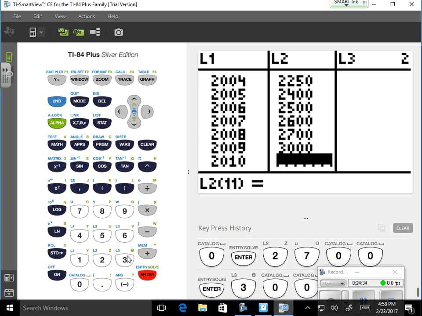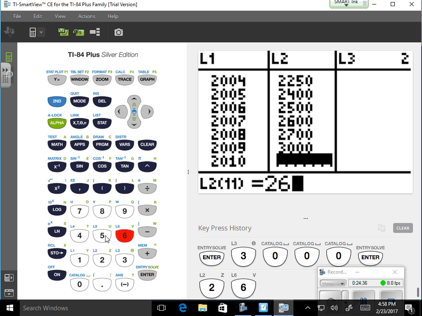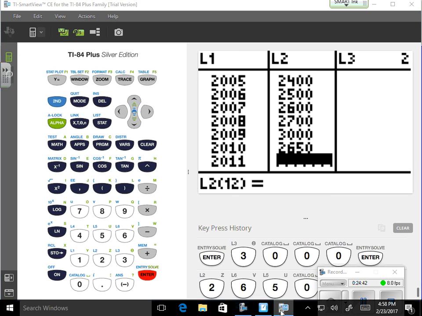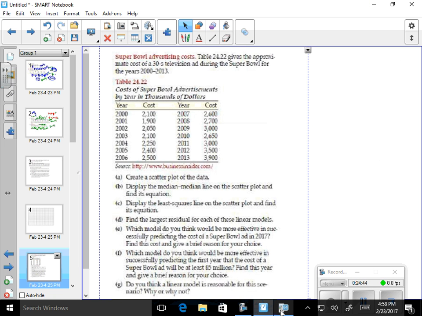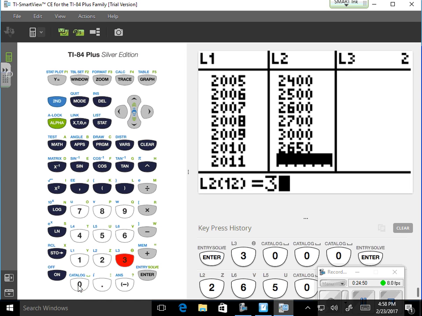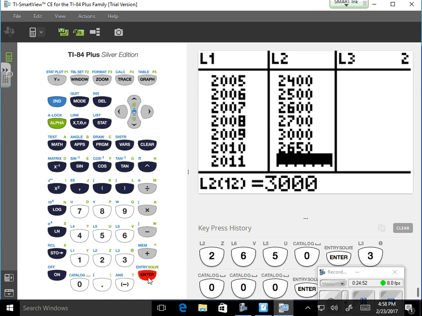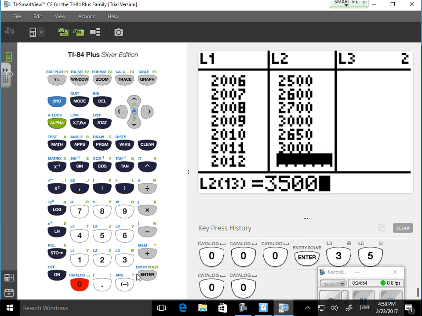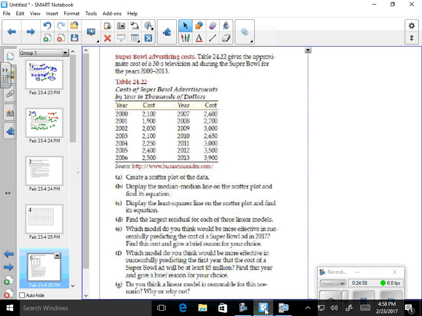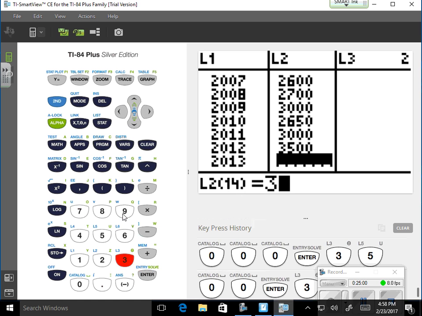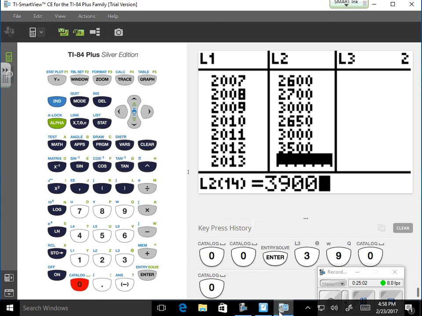Makes you want to go look up what happened in 2010. Maybe nobody cared about who was playing in the Super Bowl that year. 2011 was 3,000 and then 3,500. And then 2013 was 3,900.